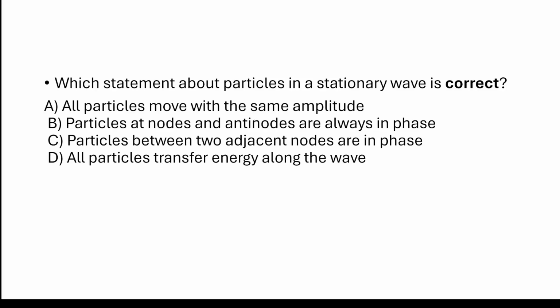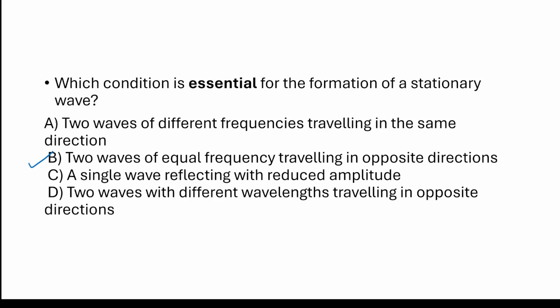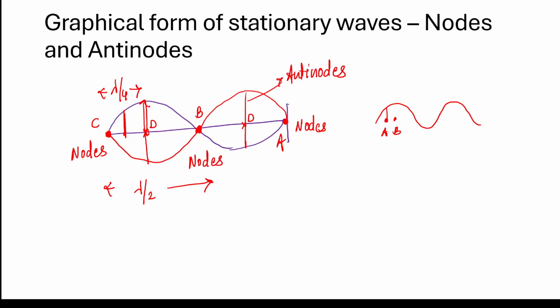Which statement about particles in stationary waves is correct? Do all the particles move with the same amplitude? No. Particles at nodes and antinodes are always in phase, that one I have to tell you. Let's just see. The answer is this one. Let's just go back. So all these particles in this loop here, they are all in the same phase.